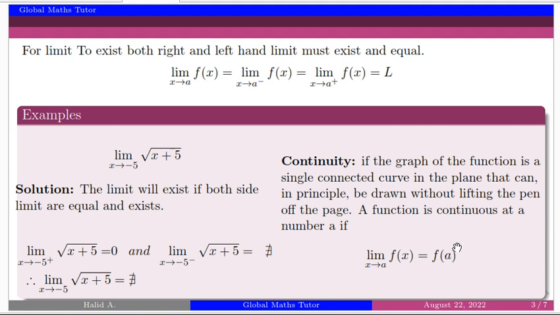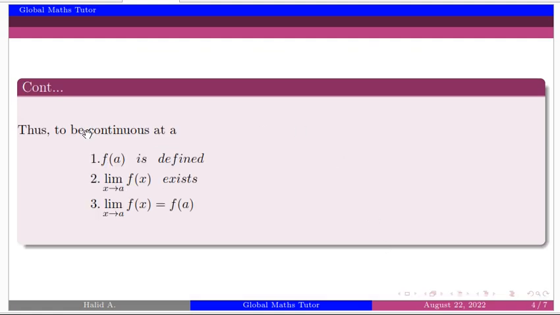That means a must be in the domain of f of x, and the limit must exist and equal the defined number. So to be continuous at a, first f of a must be defined. For example, if there is a denominator, say x, then at x equal to 0 it is undefined for that function, so f is not continuous at x equal to 0.